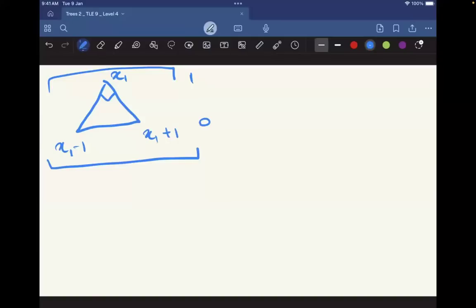So, guys, the thing to notice here, very, very simple, is that let's consider that this is a right angle triangle.